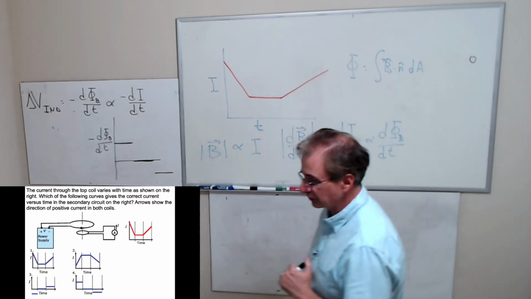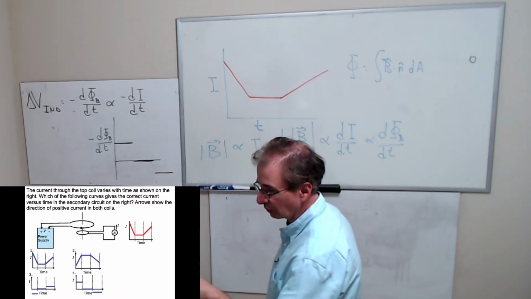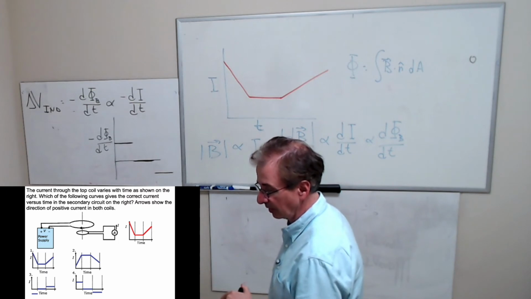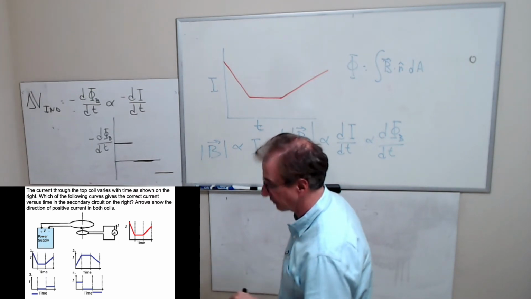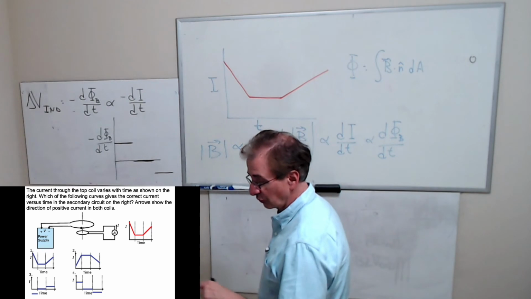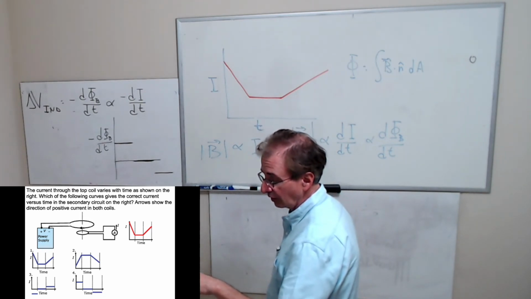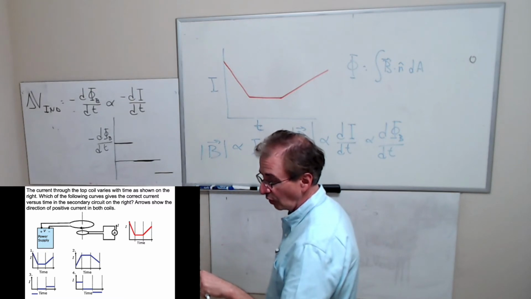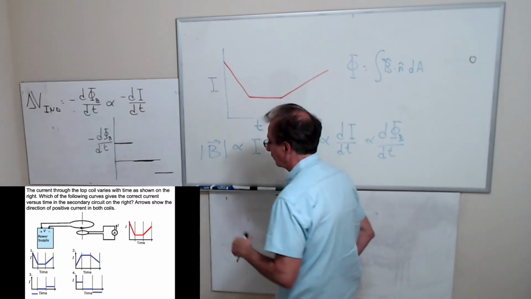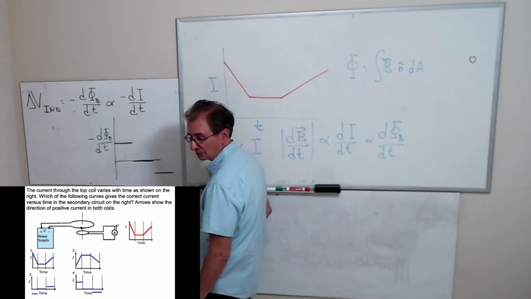This is what's confusing about the problem, is that it shows us the direction of positive current, which is really the direction of the current shown. So if the current in the bottom coil is in that direction, we've redefined the coordinate system, right?